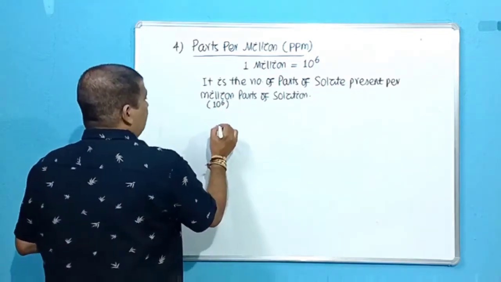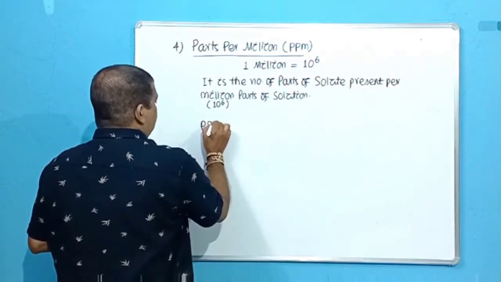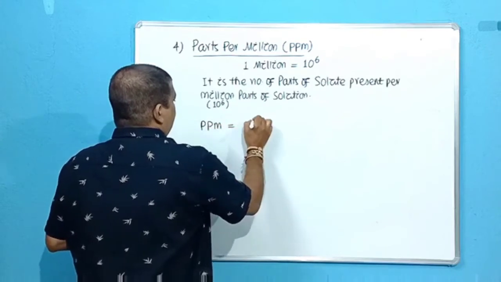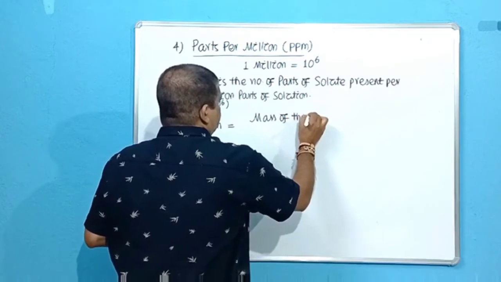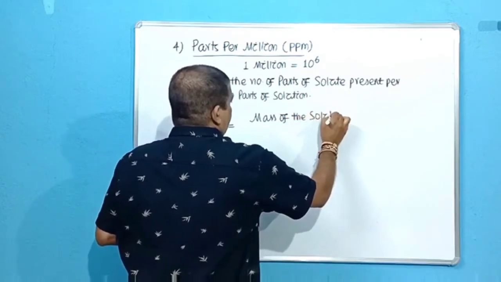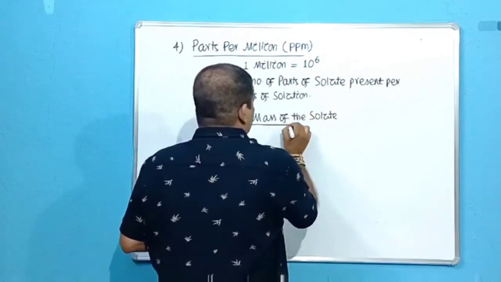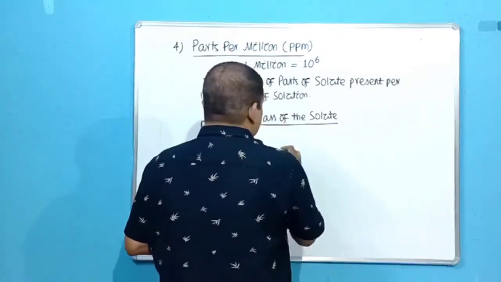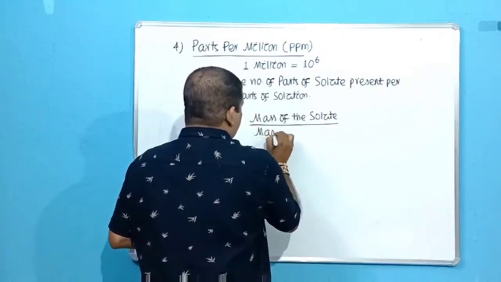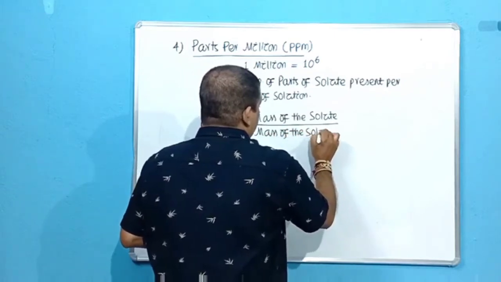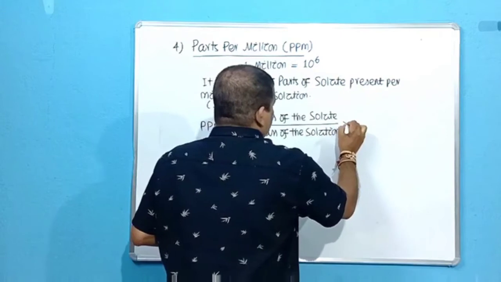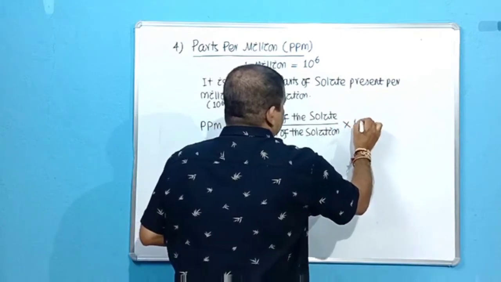So what will be ppm? Now ppm is equal to mass of the solute divided by mass of the solution, into 10 to the power 6.